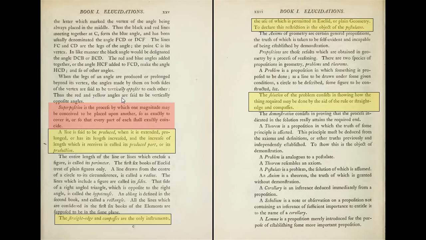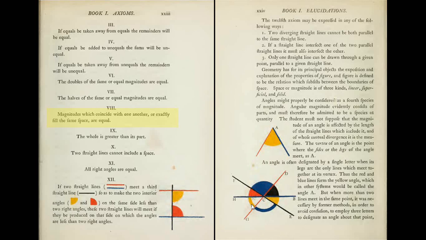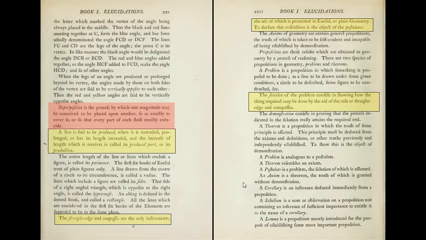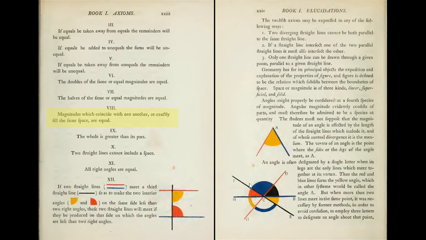Thus, the red and yellow angles, red, yellow, well, they seem to be vertically opposite for vertex C, but they're not produced beyond, prolonged beyond, legs, prolonged. Red angles made by these two legs, and they are prolonged.